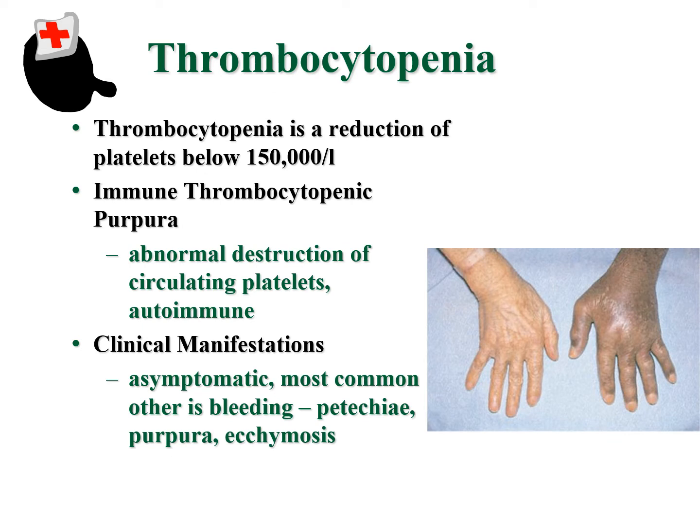Again, thrombocytopenia is when there's a reduction of platelets below 150,000. There can be immune thrombocytopenia, so essentially an abnormal destruction of circulating platelets, some type of autoimmune disorder. A lot of times these patients are asymptomatic.